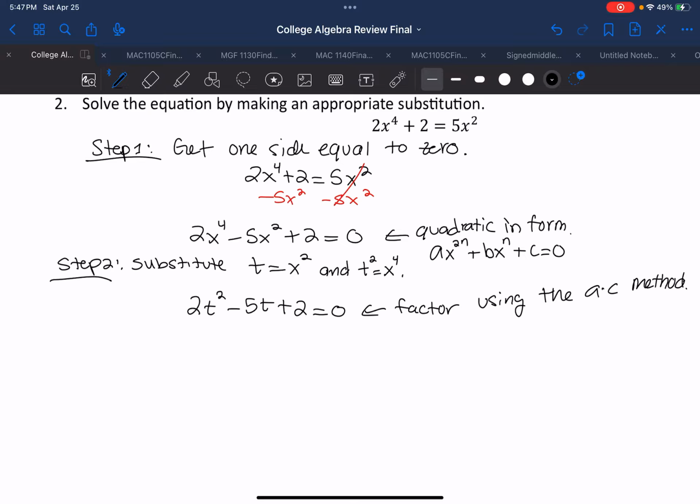I multiply a times c, which would be 2 times 2, which is 4. Then I need two numbers that multiply to give me that 4 and also add up to give me my b, which is negative 5. So this would be negative 1 and negative 4.